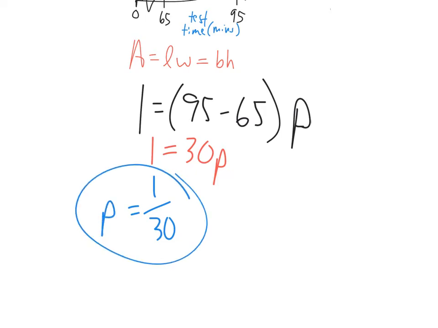And as a result, we just found the probability for a continuous random variable in this data set that consists of test time. The time that it takes students to complete a test in this data set is between 65 and 95 minutes.